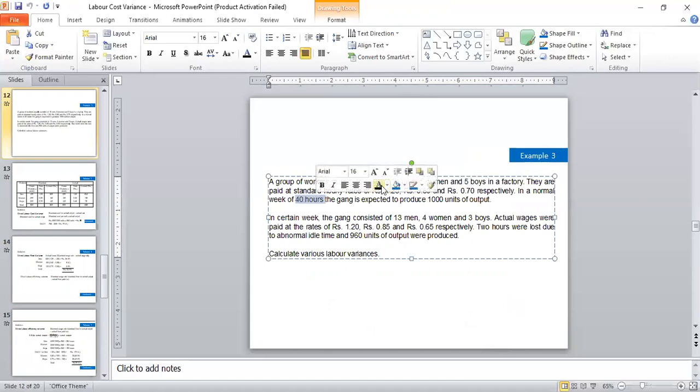One laborer works 40 hours in a week, and 10 men working 40 hours in a week means 400 hours worked by the men. 5 into 40, 200 hours worked by the women, and 5 into 40, 200 hours worked by the boys.